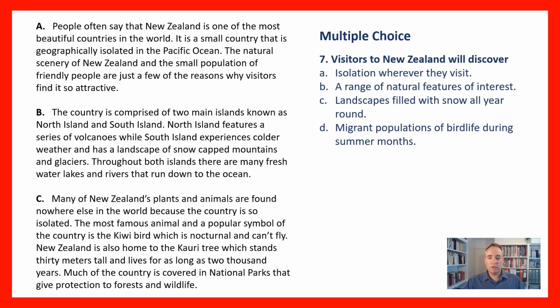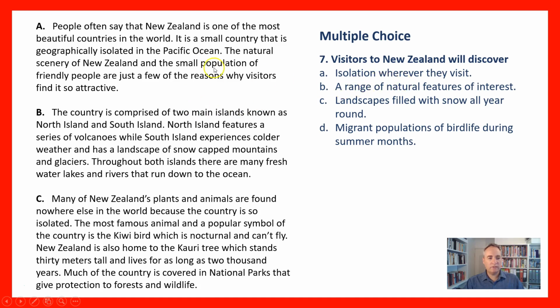Let's have a look now at multiple choice. So question 7. Visitors in New Zealand discover isolation wherever they visit, a range of natural features, landscapes filled with snow all year round, migrant populations of bird life during summer months. So again, we know that multiple choice follows the order of the passage, so it's probably most likely to be at the top here.